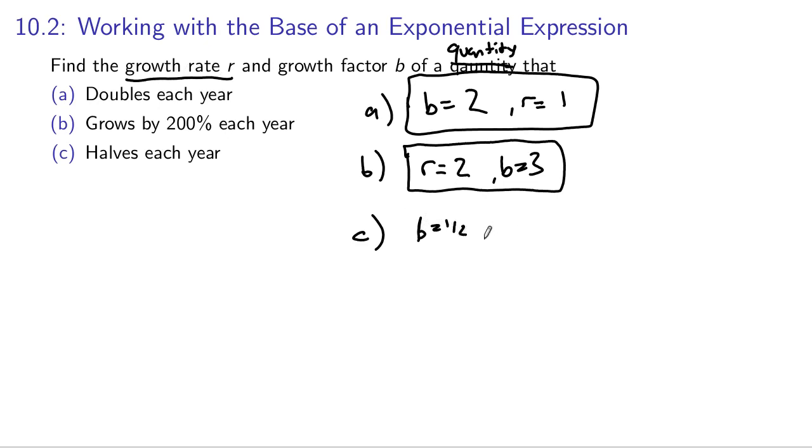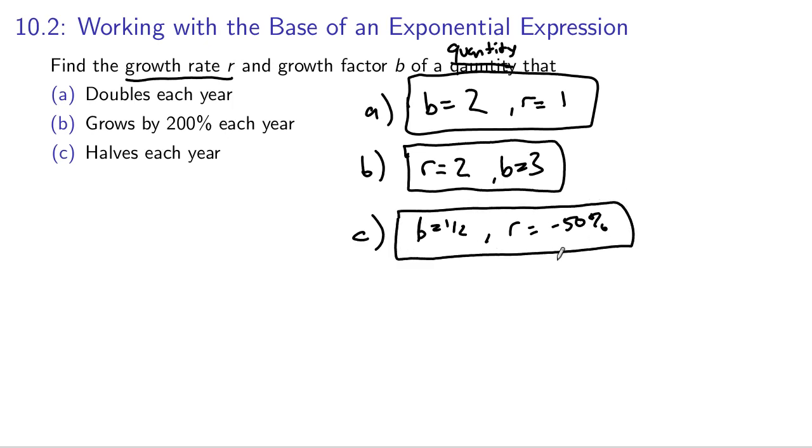It should be 1/2 minus 1, which is negative 1/2, which we could also write as negative 50% growth. Which again is confusing. In English we would say 50% decay, or I got 50% off, meaning decay of a price, for instance.